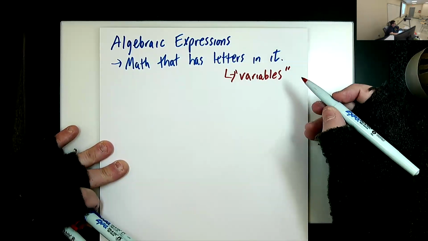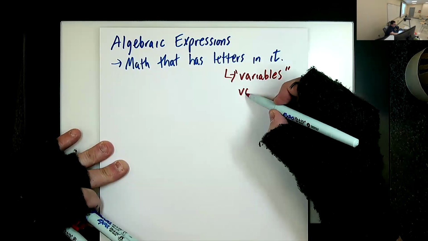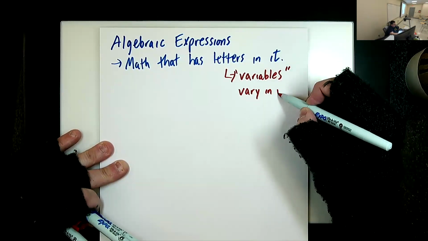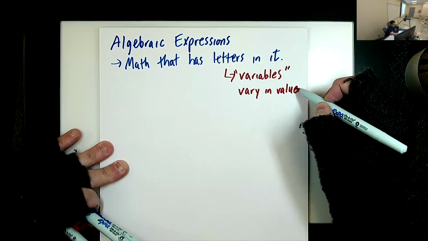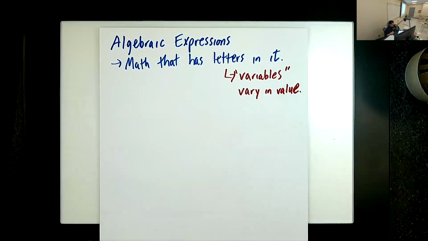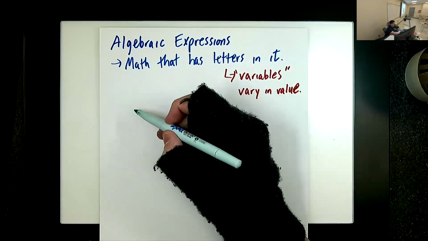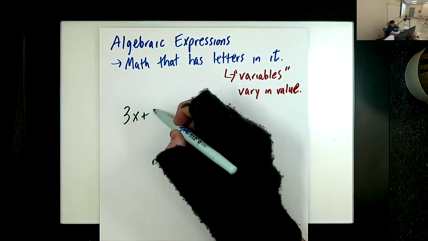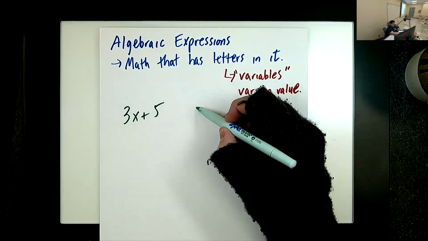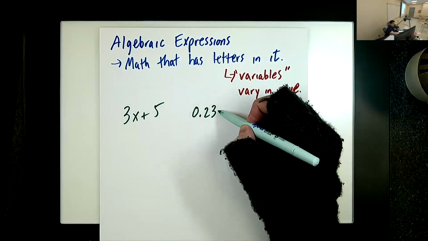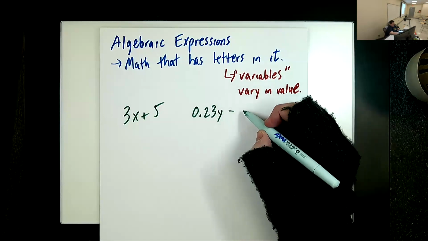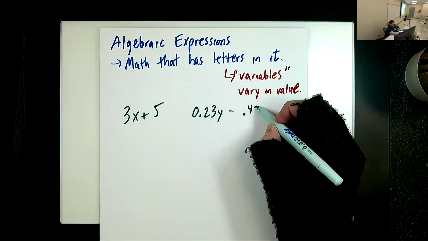And we call them variables because they vary in value. They don't have to be one specific amount. So examples of this is like 3x plus 5. We could have a decimal in there, 0.23y minus 0.423.